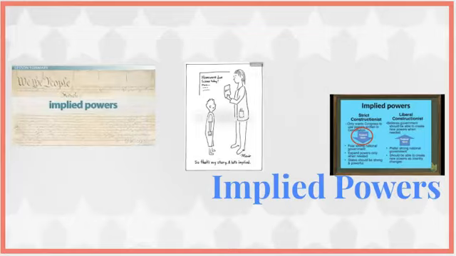Okay, and then next would be implied powers. And implied powers are powers that are not really stated boldly in the Constitution, but they are very necessary. So on page 392, it states that laws that regulate banks, establish a minimum wage, and allow for construction and maintenance of interstate highways are possible because of the implied powers granted by the necessary and proper clause.